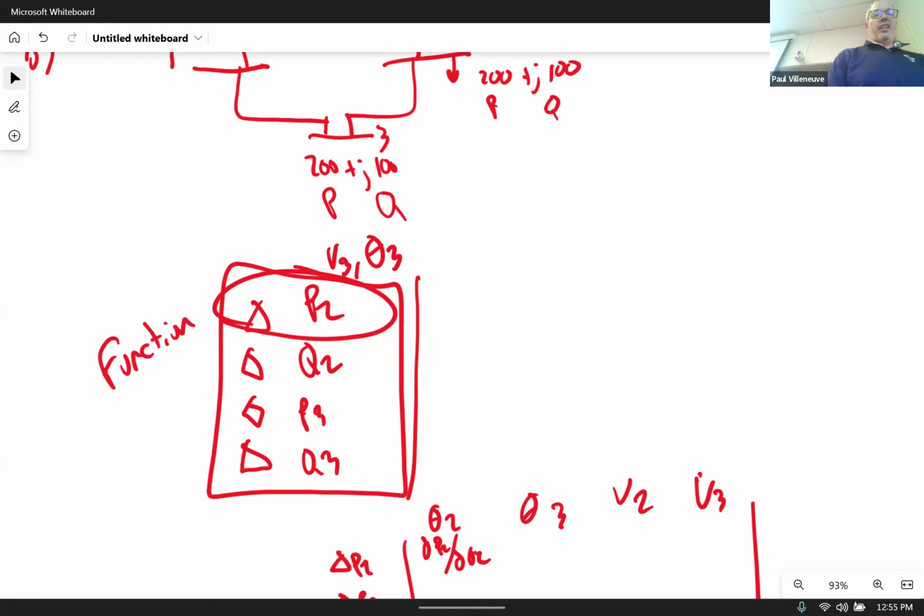These are the f of x's that you're using to check to see if your unknown variables are actually at their correct values. So you need those 4 equations because you have 4 unknowns, right? 4 equations, 4 unknowns to be able to get the answer. Does that answer your question, Taylor?